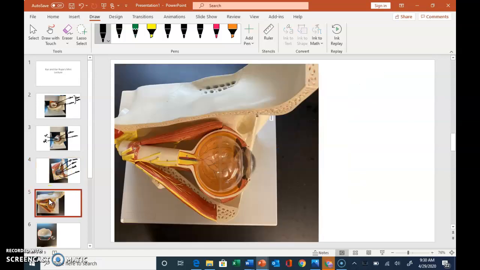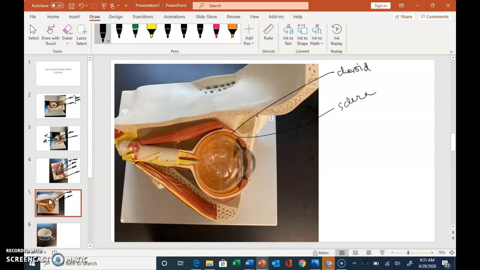Looking at this model, this is a slightly different model, and we have removed the top white half, but you do see part of the white here. So this is the sclera. Do you see the red layer right below the white? This red layer is the choroid.